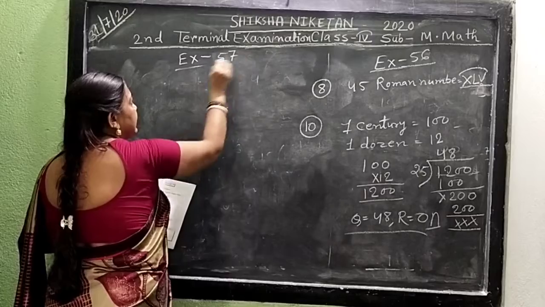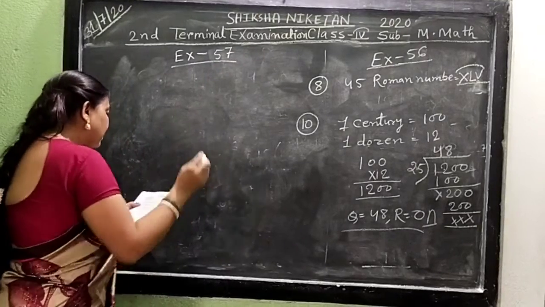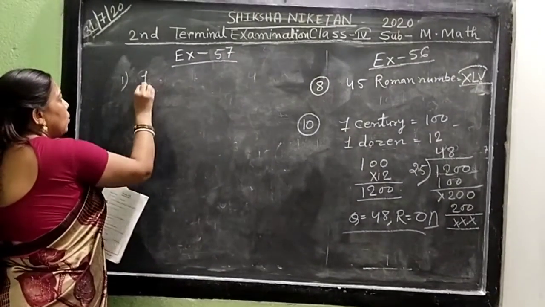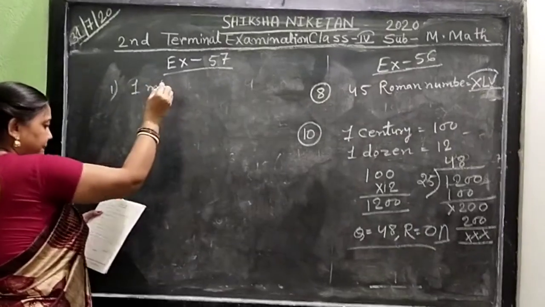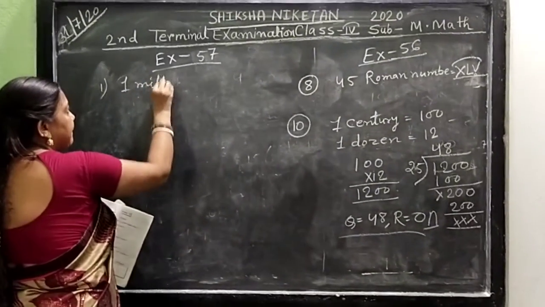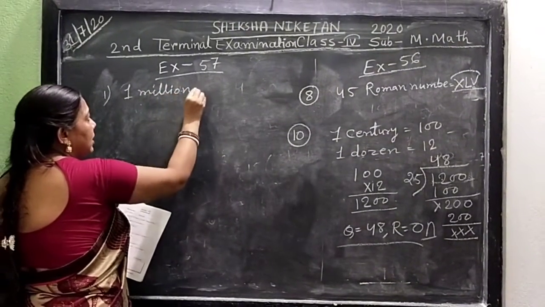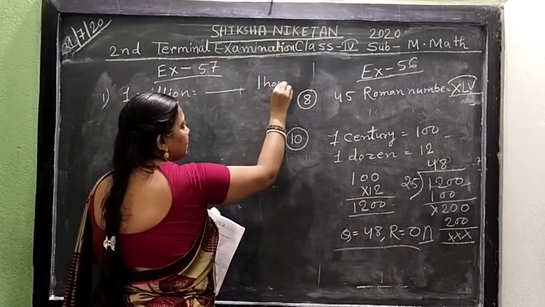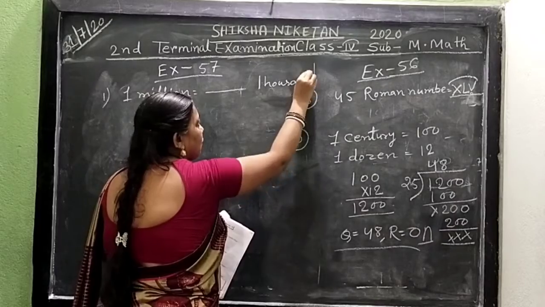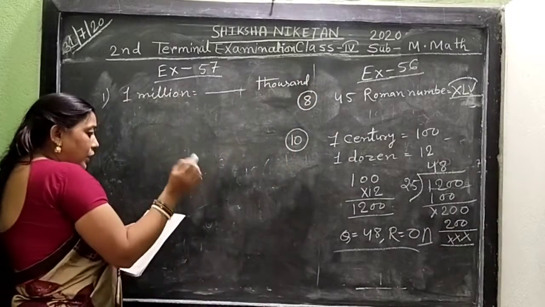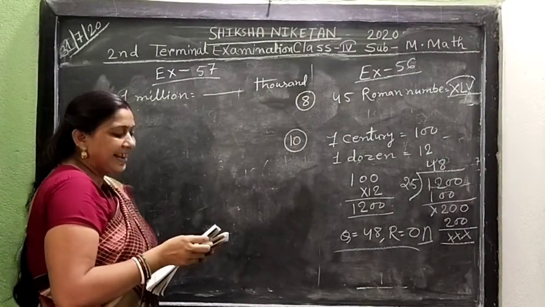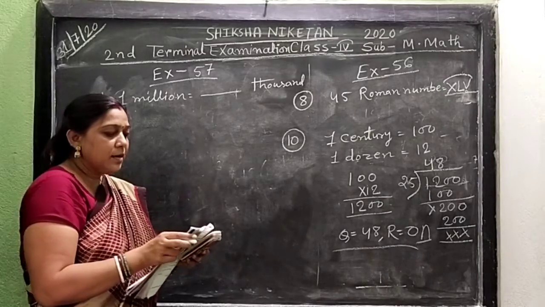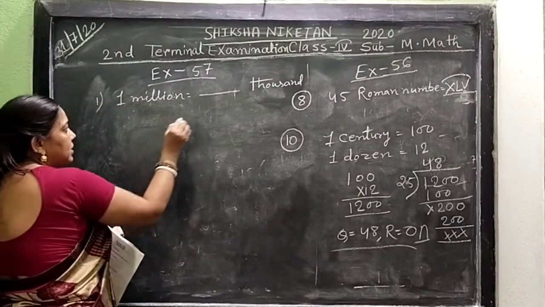Exercise 57. Math number 1. 1 million. How much? Million means 10 lakhs. We write here 10 lakhs.